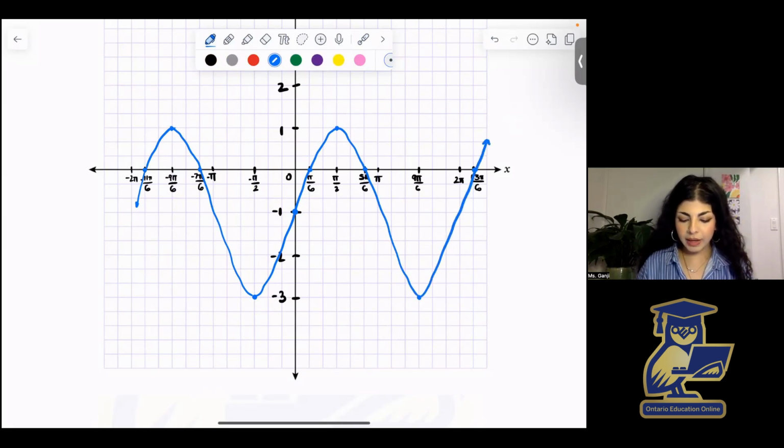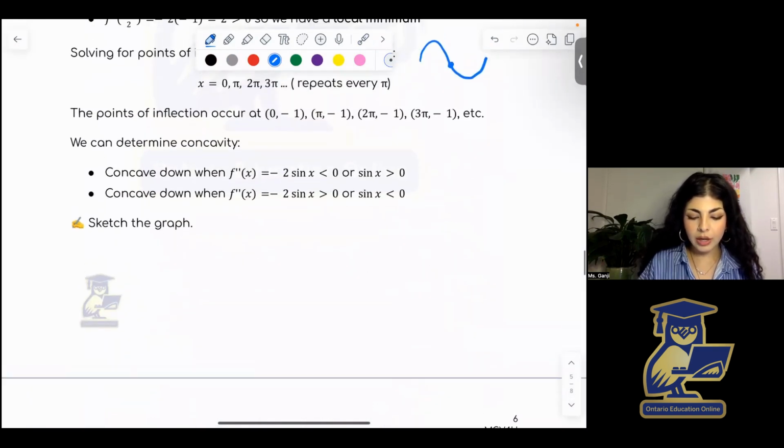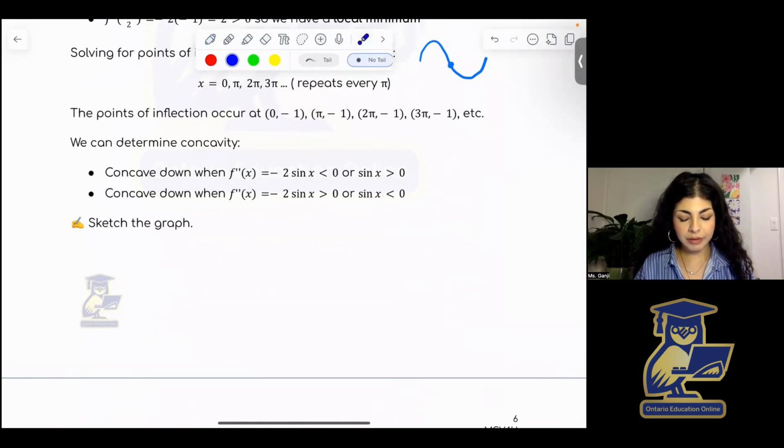Again, this would be enough for our curve sketching, but you can also consider those points of inflection as well.